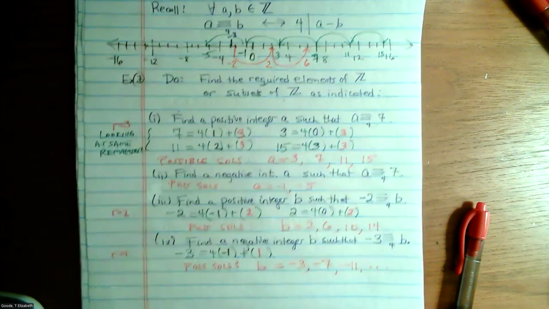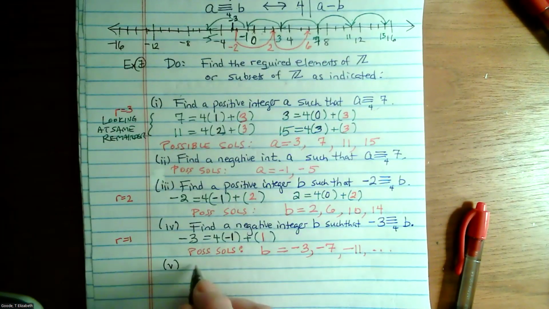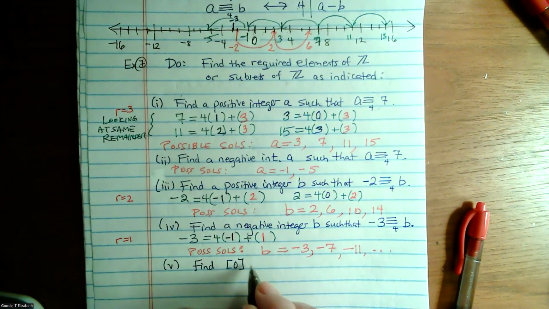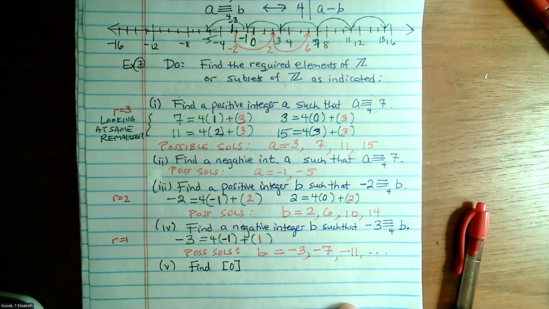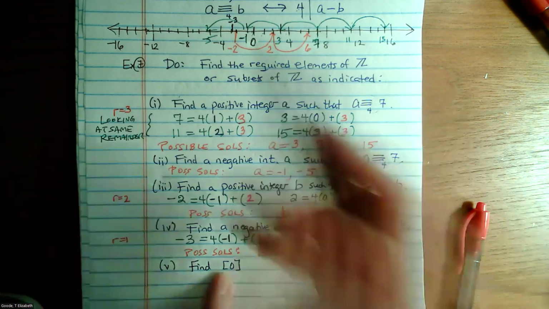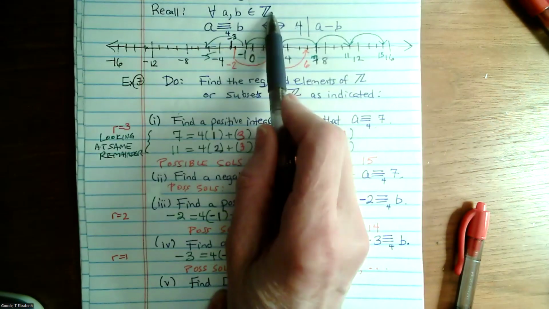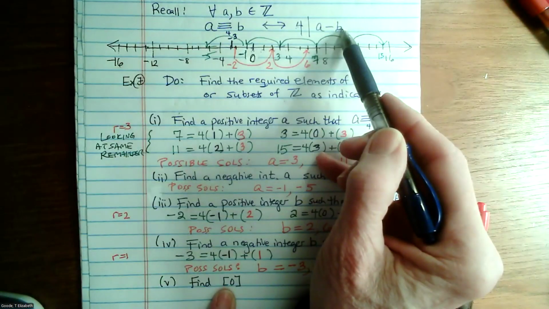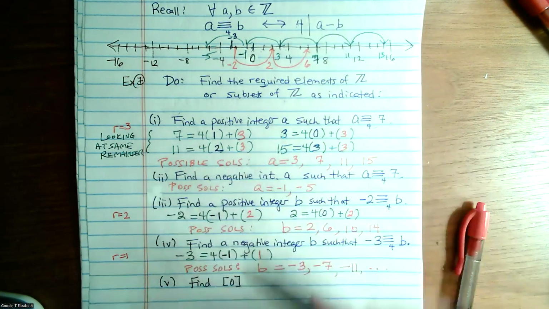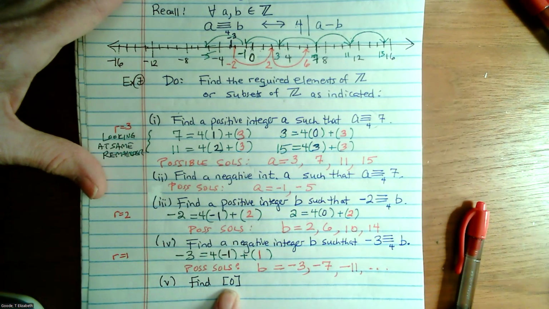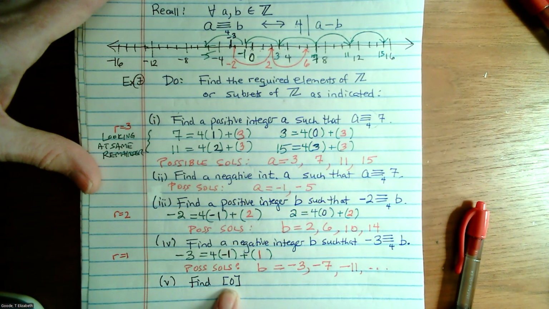All right, now let's practice our notation. Let's find the equivalence class of 0. What am I talking about? Equivalence class of 0, remember, is all the integers, because the underlying set is the integers, that are related to 0 by congruence mod 4. So we're looking for all the integers that would yield the same remainder as 0 does when we divide by 4.